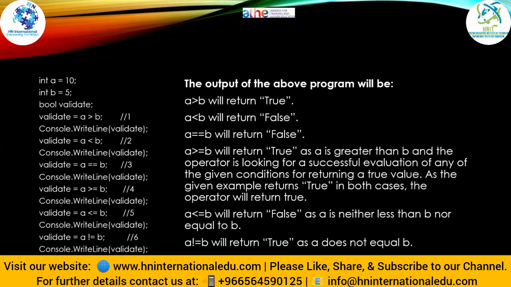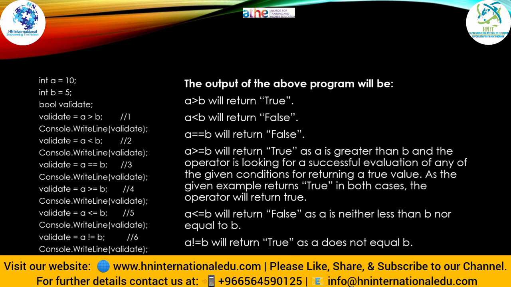If it is greater or it is equal, it will let you know. If any one of these statements is true, the result will ultimately be true. As the given example returns true in one case, the operator will return true.